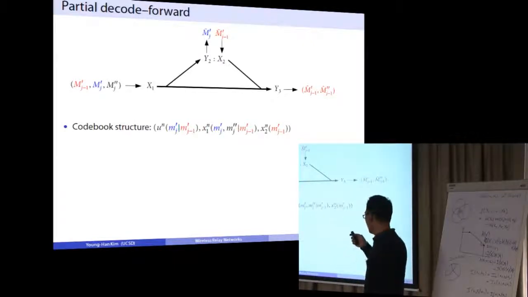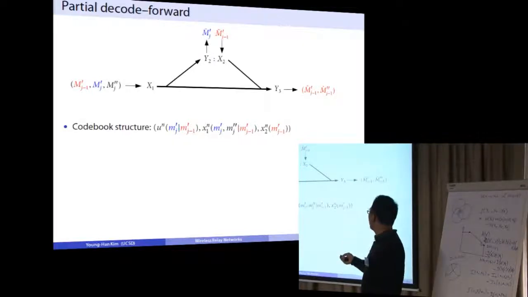Here we decompose our message into two pieces. Every time, the fresh information is decomposed into M prime and M double prime. The relay takes care of the prime part and tries to forward the prime message.